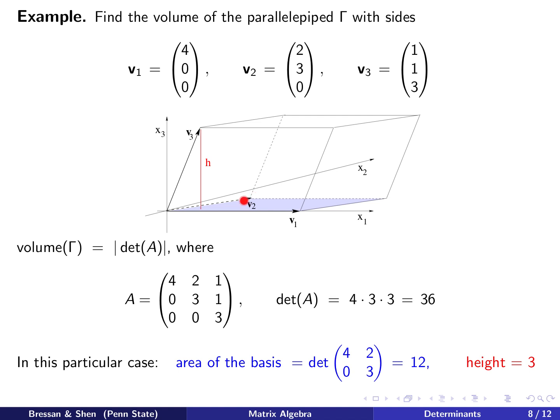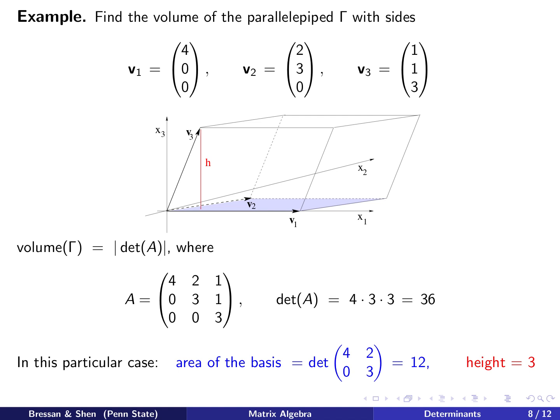The area of the base is in the plane formed by v1 and v2, and the area will be the determinant of the 2 by 2 matrix formed by v1, v2. So we can calculate that. That will be 4, 0, 2, 3, because it's in this plane where x3 is 0. So this will be 4 times 3, which is 12.